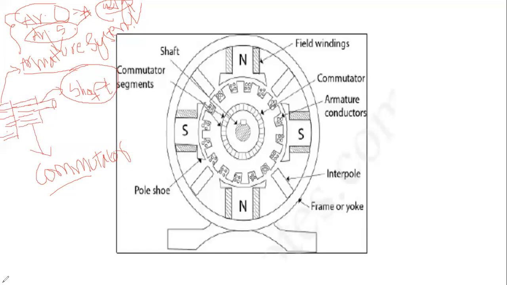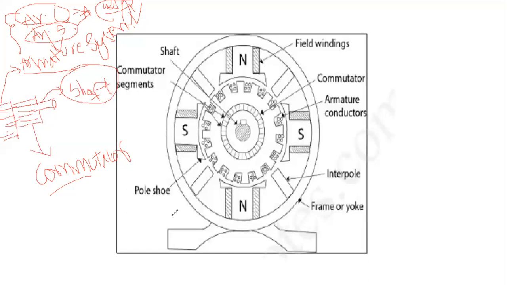The purpose of the field winding is to produce the magnetic flux. The pole core is made up of cast iron or cast steel.